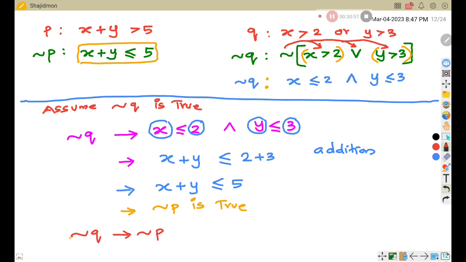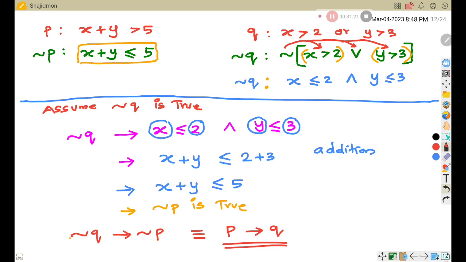That is logically equivalent to p implies q by the contraposition method. This is the proof. If you got negation q implies negation p, that is the same as p implies q. Hope you understood how we are proving this by the contraposition method.